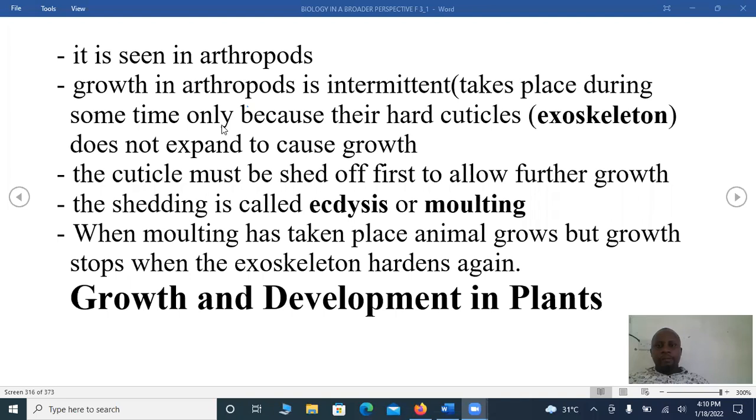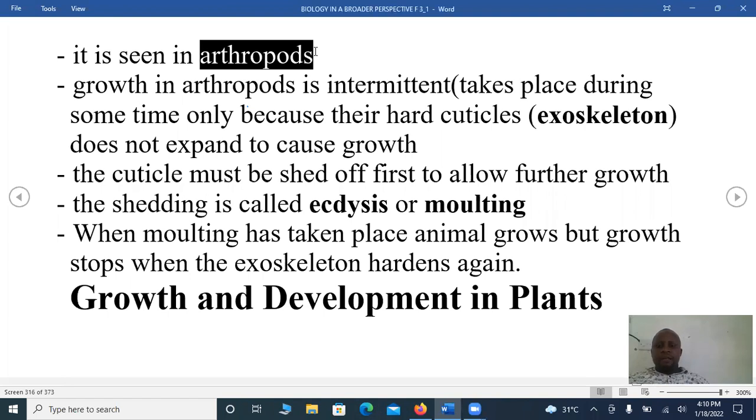In Form 3, in the topic classification, we said arthropods have an exoskeleton.